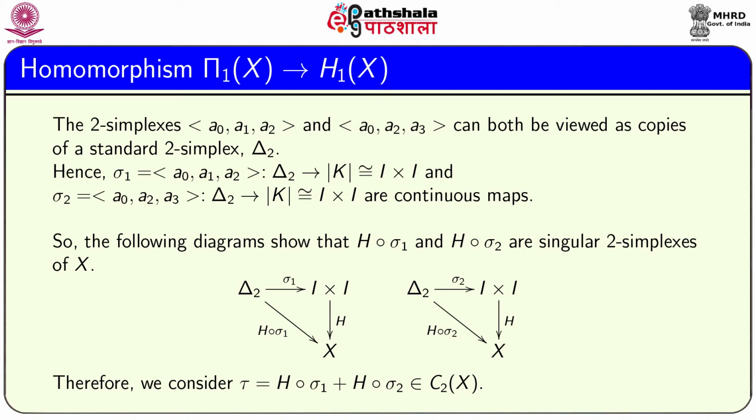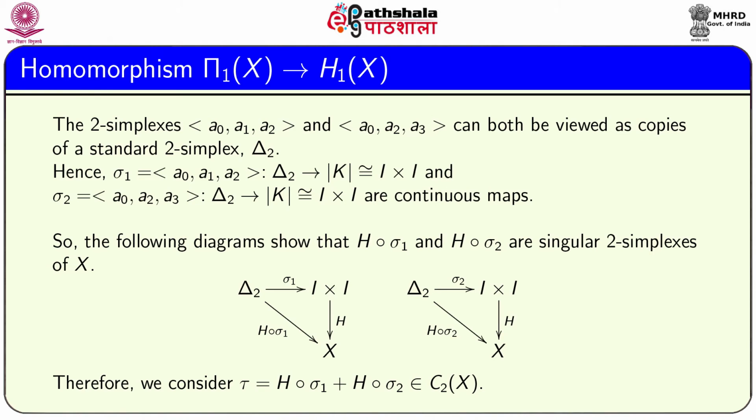We already had that homotopy capital H from I cross I to X, and sigma 1, sigma 2 both are continuous functions, and thereby H compose sigma 1 and H compose sigma 2 are two continuous functions from delta 2 to X, and therefore, they are singular two simplexes.